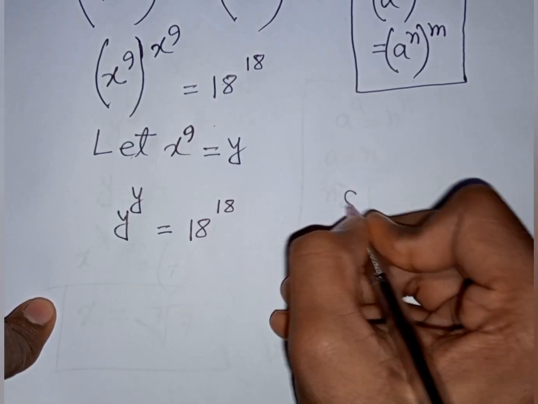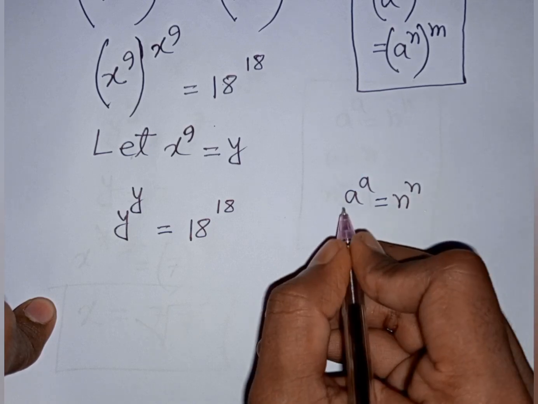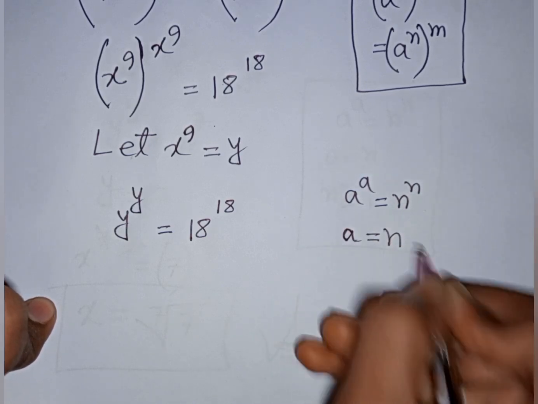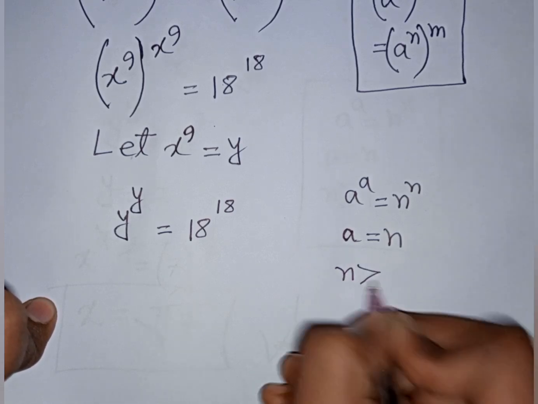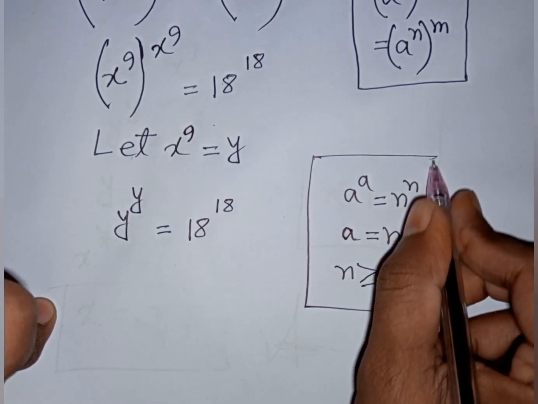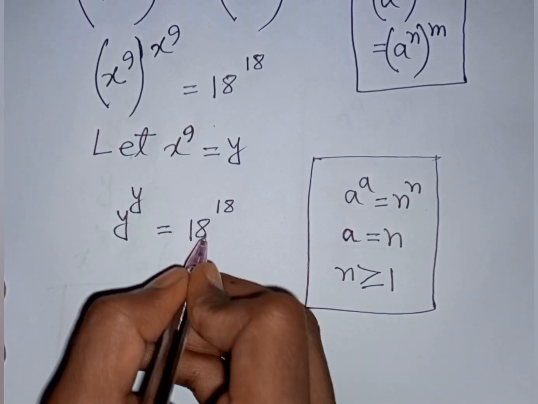Now here I can apply the rule that a power a is equal to n power n, so a will be equal to n, where n is greater than or equal to 1. So according to this rule, we can compare here. Y will be equal to 18.